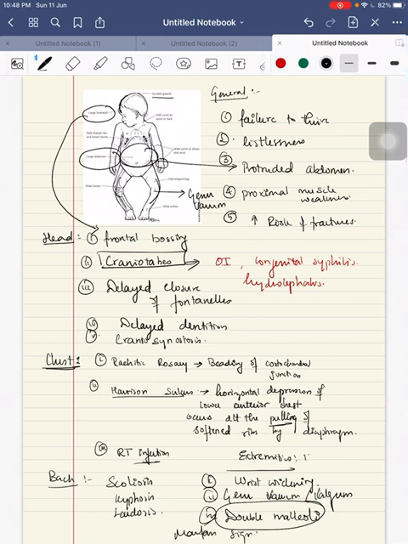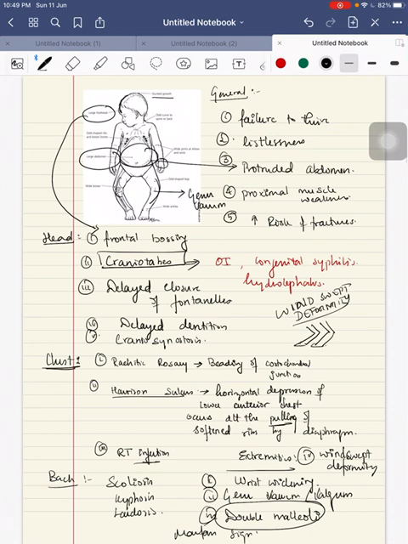Okay. Another feature is the child can have windswept deformity. So what is this windswept deformity? I'll draw it here. That is, one knee will be genu varum and the other will be knock knees.